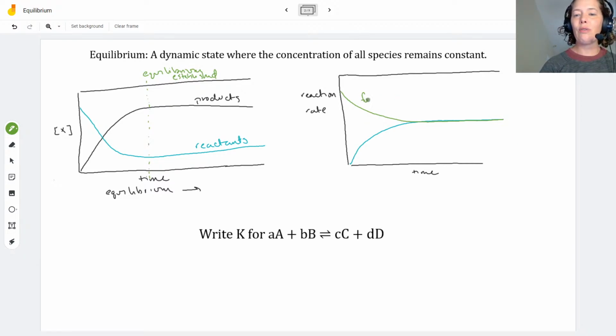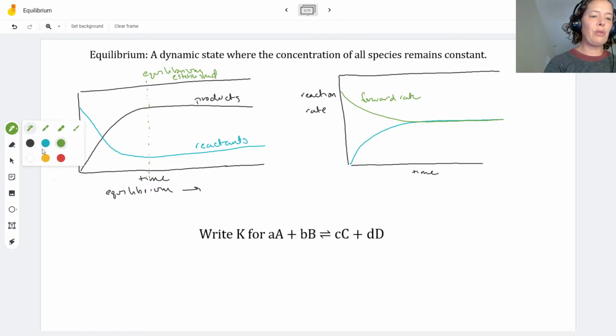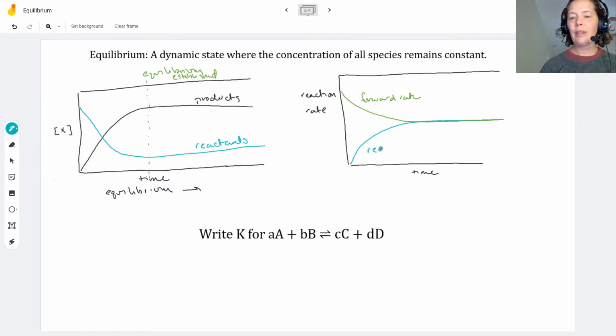So this is the forward rate, and the blue is the reverse rate. This is the rate that the forward reaction is happening, and this is the rate that the reverse reaction is happening. And at equilibrium, they are equal.